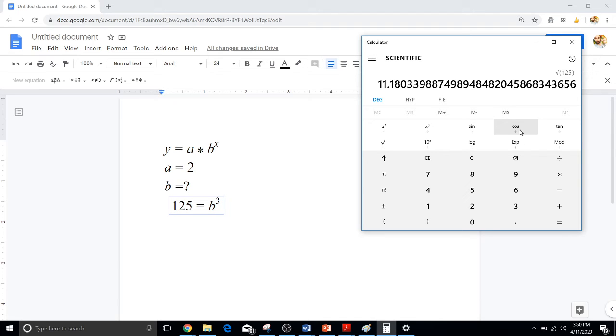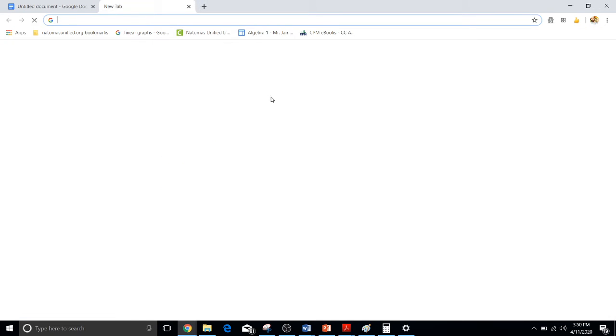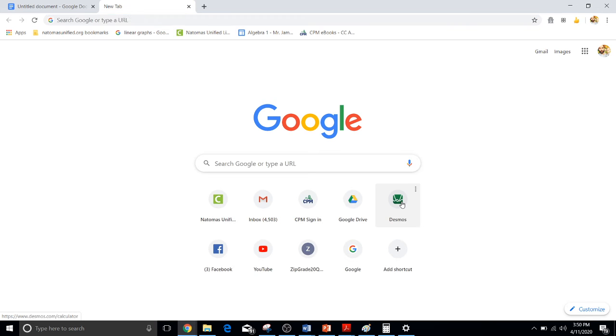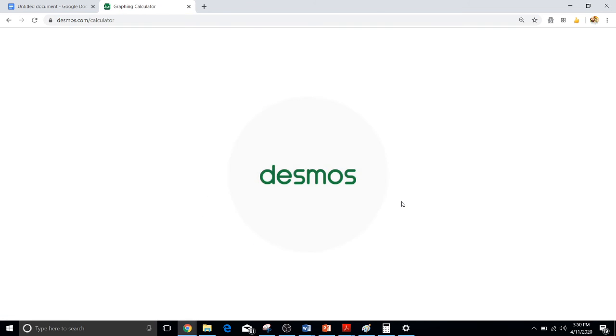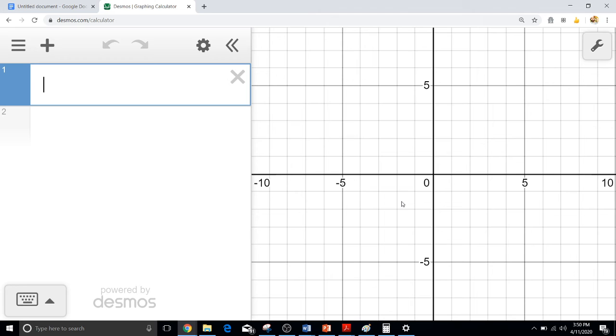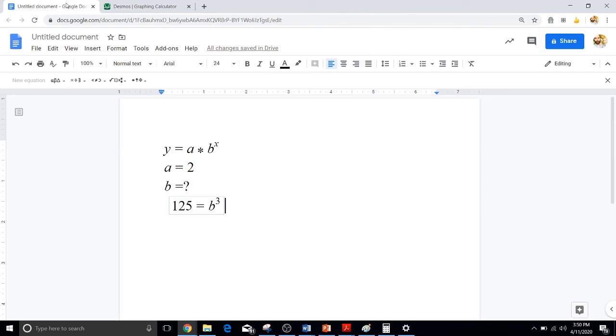So what we're going to do instead is use Desmos. So I'm going to go ahead and open up Desmos. By now you guys should know how to do that. And we're going to try to find out what the cube root of 125 is.